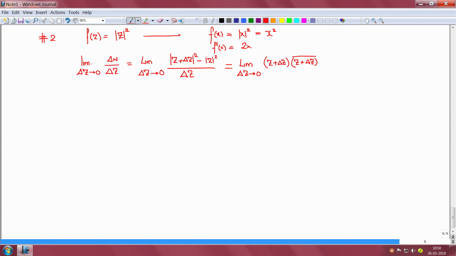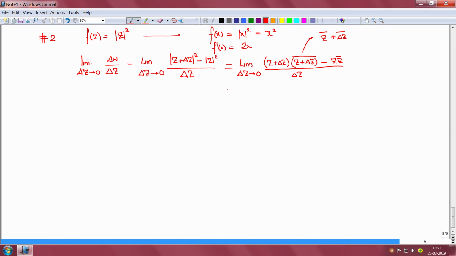The bar means a conjugate. Minus magnitude z squared is z into z conjugate, divided by delta z. Now, z plus delta z conjugate is equal to z bar plus delta z bar.